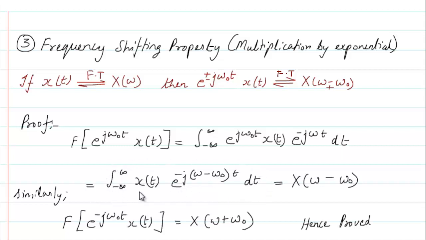This whole equation is the Fourier transform of x of t, but here the variable instead of omega is going to be omega minus omega naught. So it is x of omega minus omega naught. So multiplying with e raised to power plus j omega naught t has resulted in a minus omega naught. Similarly, if you multiply with minus omega naught, you will get omega plus omega naught. Hence, this is proved.